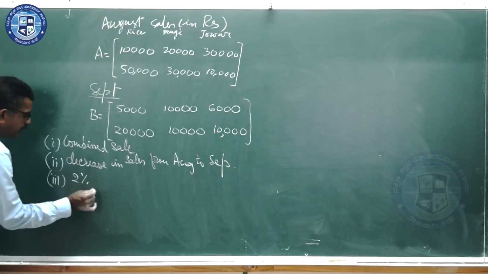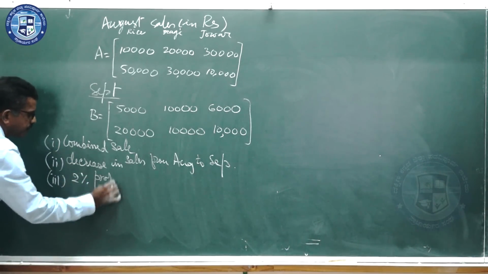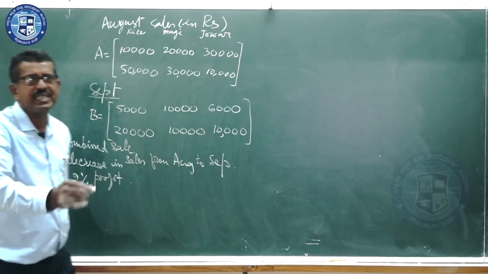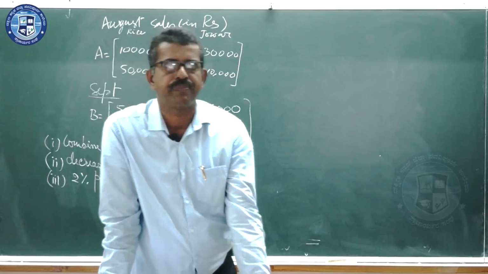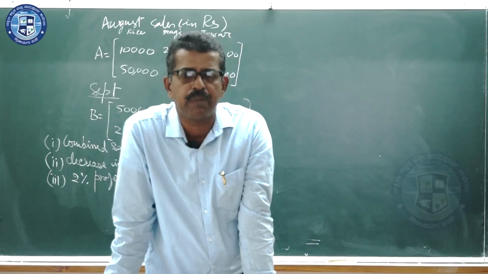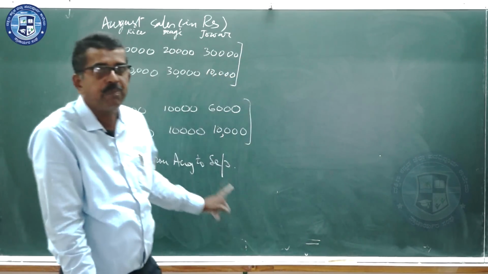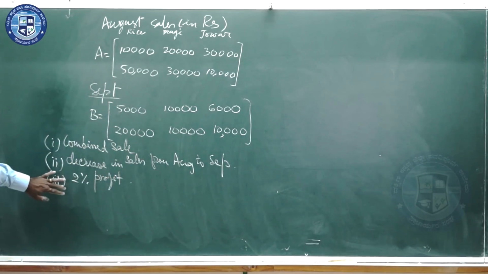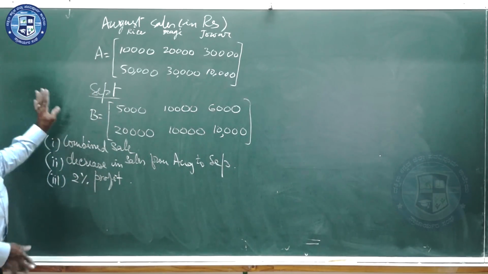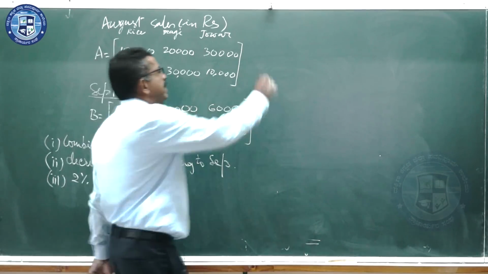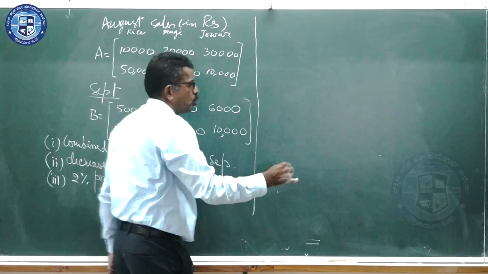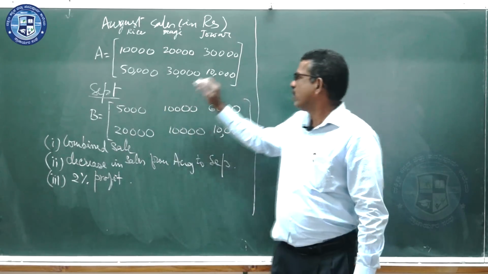They get 2% profit in the month of September. What would be the profit obtained by both the farmers, Sunny and Saroja? So these are the three questions. Let me explain the solution for all three questions.